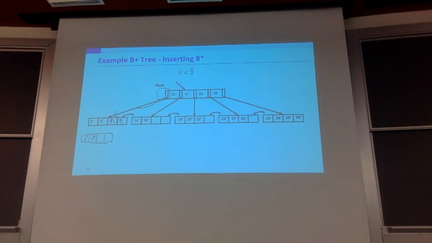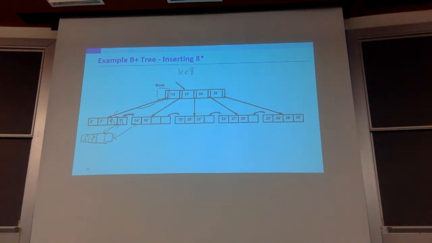Then you remove this link and point the next leaf page link to here, and establish a previous link as well, and link this to the next page and do this as well. Okay. So now your tree basically looks like this: this is the first page, this is second, and this is third. And since you have done this, you have room for the additional 8, right? So where do you put that?